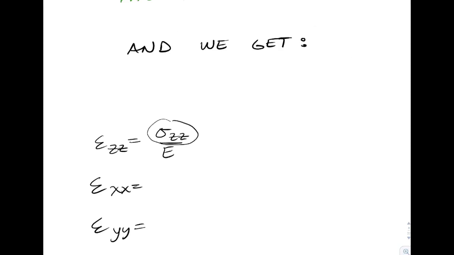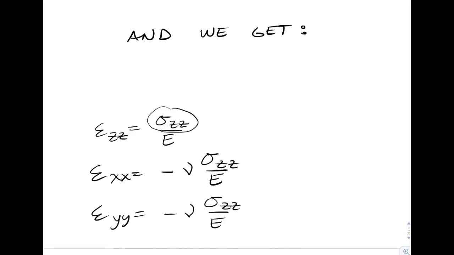All other stresses are equal to 0. And we would have contraction in x and y through Poisson's ratio. Again, when I say contraction, that would be from tension in sigma ZZ. So we've quickly gone through uniaxial in all three directions.